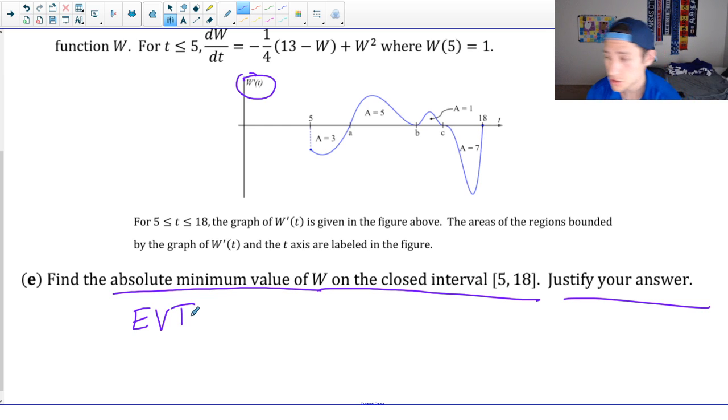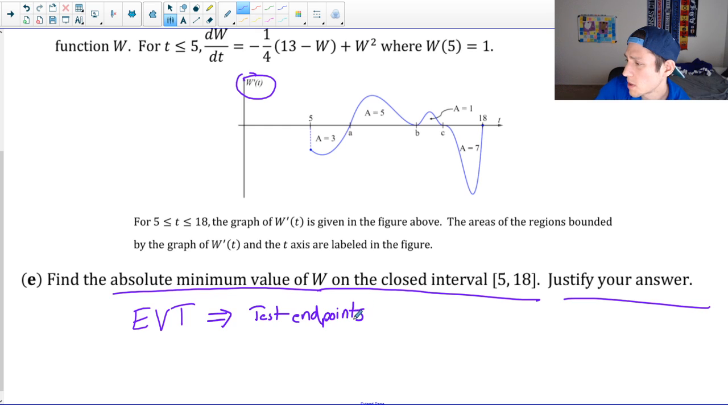That's exactly what the extreme value theorem does: it finds absolute maxes or mins on a closed interval, which is specifically what we're being asked. For the extreme value theorem, we have to test the endpoints. That's where the absolute minimum could show up, so either 5 or 18.